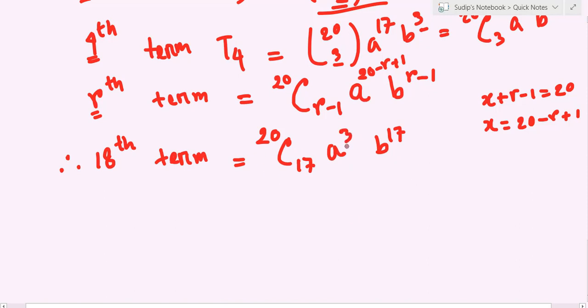So A to the power 23. So this is the 18th term of the given series. This is the answer of the question.